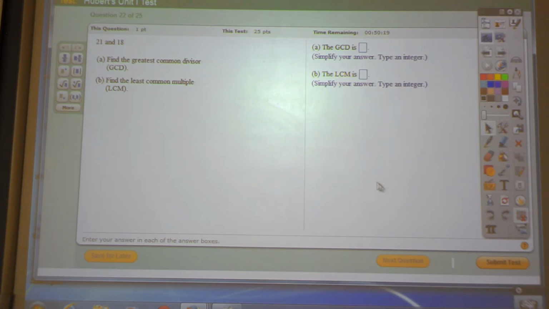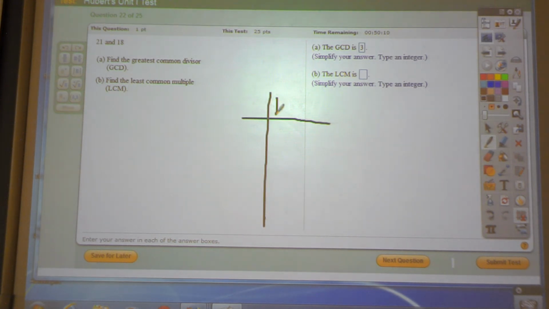Because 7 and 6, I would say 3. See, 6 and 7. Yeah, you ain't gonna get, so, 3 times 7 is 21. 21 times 6, 126? Is that what y'all got? Yep.